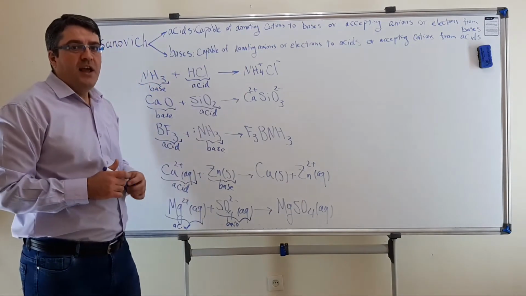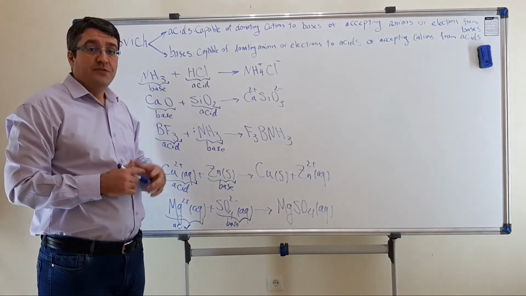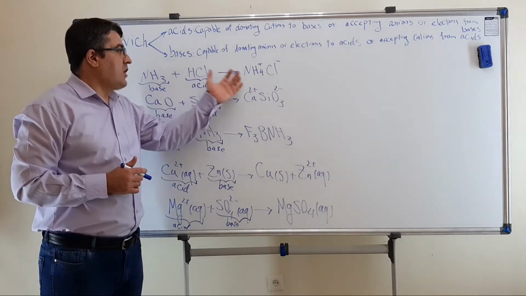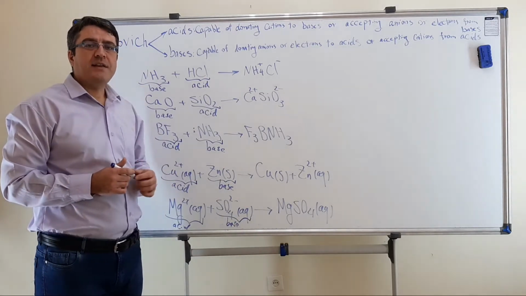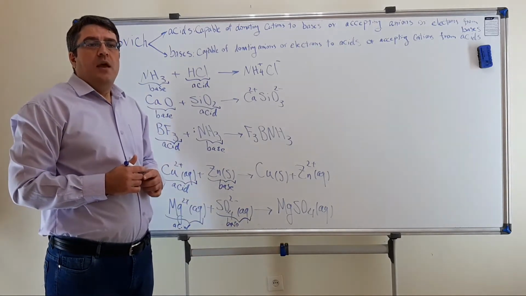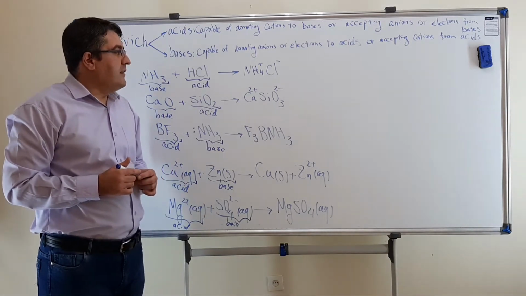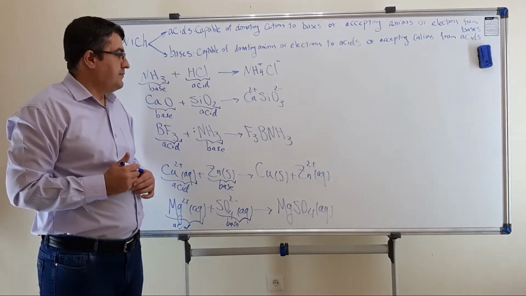We see that Usanovich acid-base theory is very broad and it includes very different types of chemical reactions. In fact, it is the broadest acid-base theory and includes all other acid-base theories.